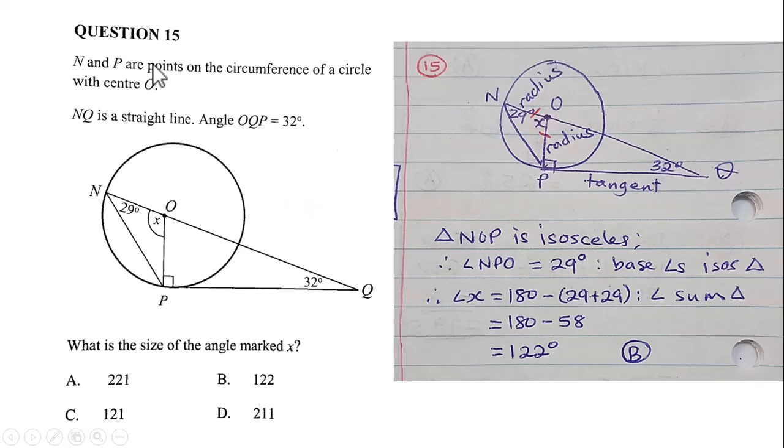Right, this question is question 15 of the 2022 exam booklet, and it says N and P are points on the circumference of a circle with center O. N and P are these 2 points on the circumference.